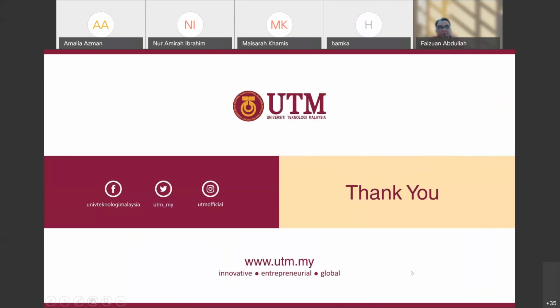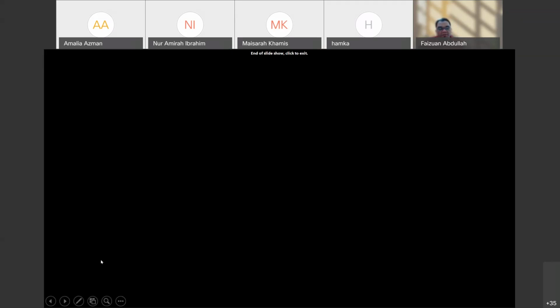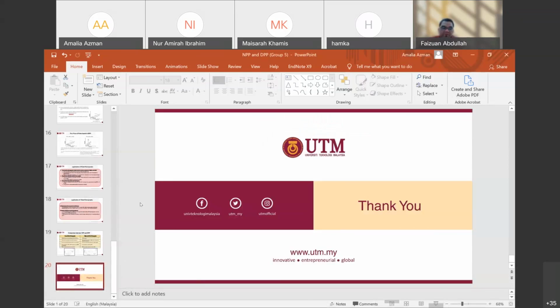Okay, thank you. Ada soalan tak pasal normal pulse dan differential pulse polarografi? Okay, soalan saya, apa beza dia dengan metod voltammetri biasa untuk polarografi? Apa beza dia? The main difference.